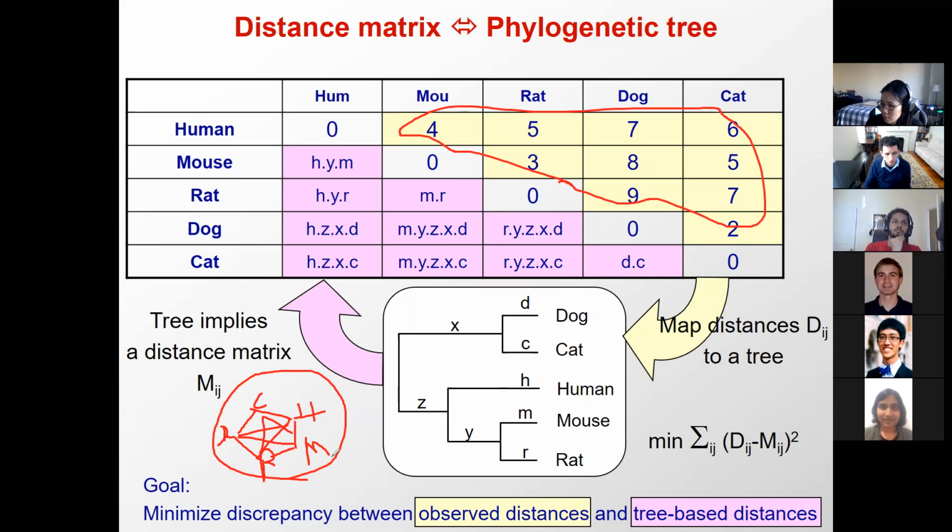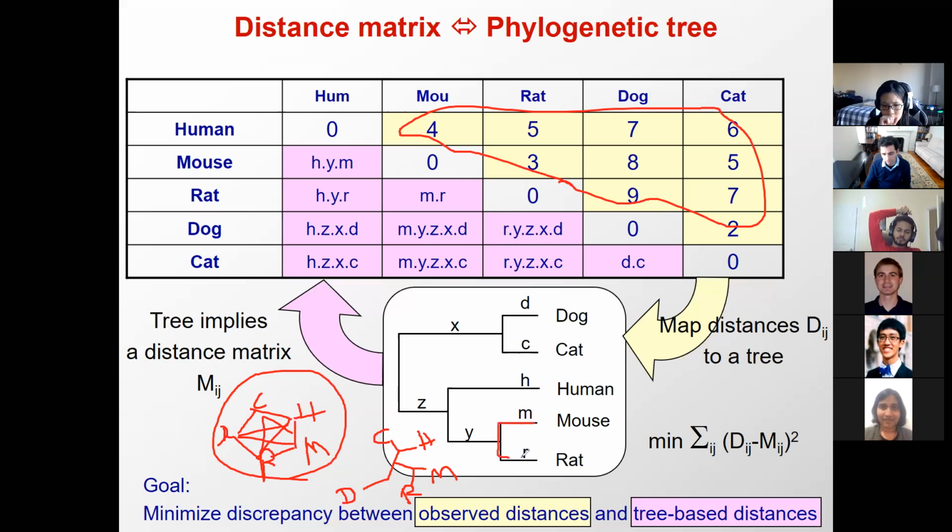Now, the challenge, however, is that instead of saying I can go through any path, now I'm saying dog, cat, human, mouse, and rat can only travel to each other along corridors that are bifurcating. Previously I had a fully independent set of distances. Now I have a highly constrained set of distances that have to travel along the tree.